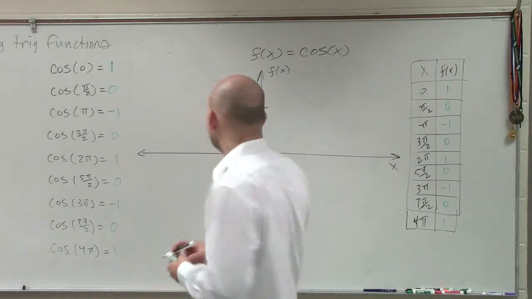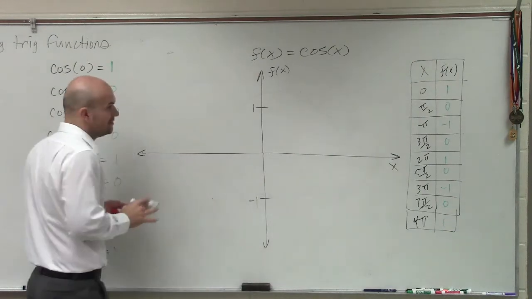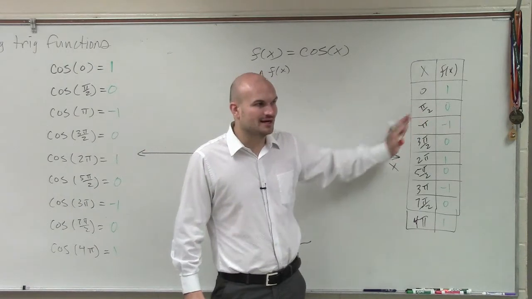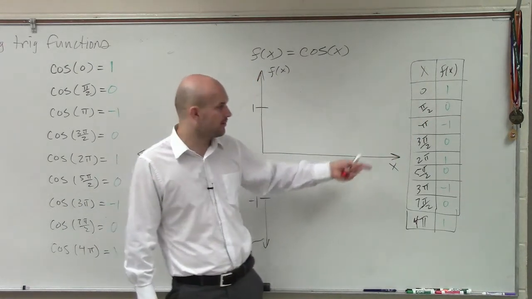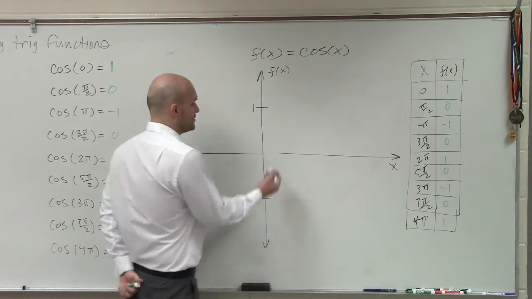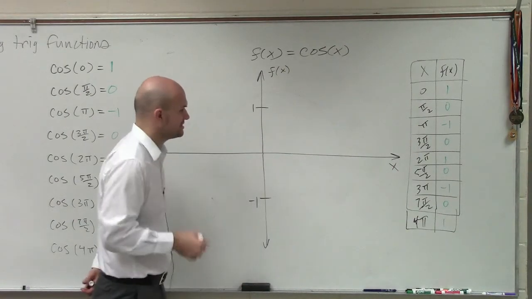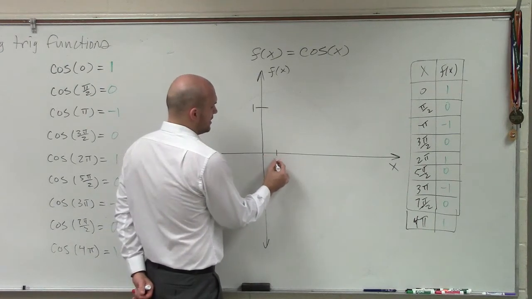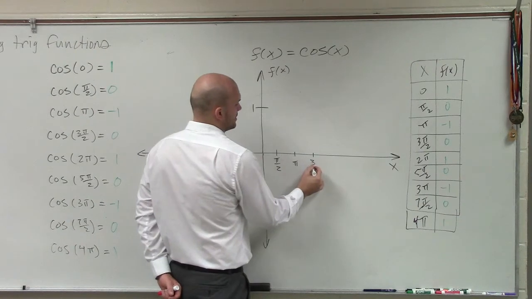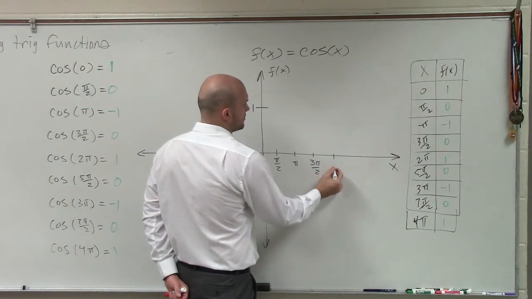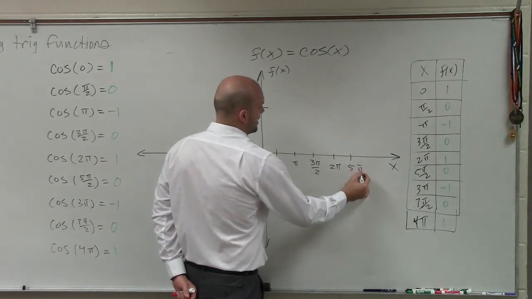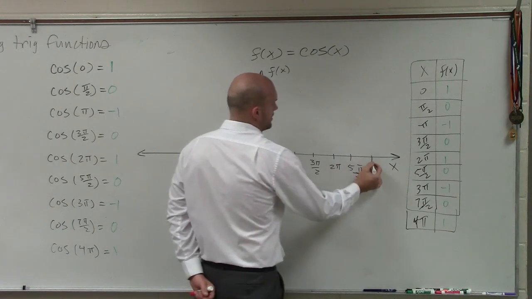But now, when I'm looking at the input values, I've got all of these values to go through. I'm not going to want to scale it 1, 2, 3, or 4 when my values are in terms of pi. So let's start at 0, then pi halves, pi, 3 pi over 2, 2 pi, 5 pi halves, and then 3 pi.